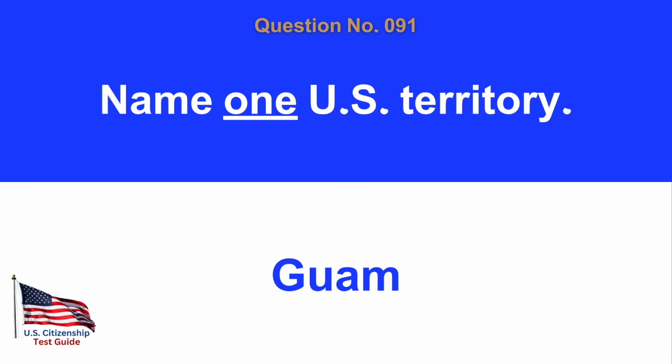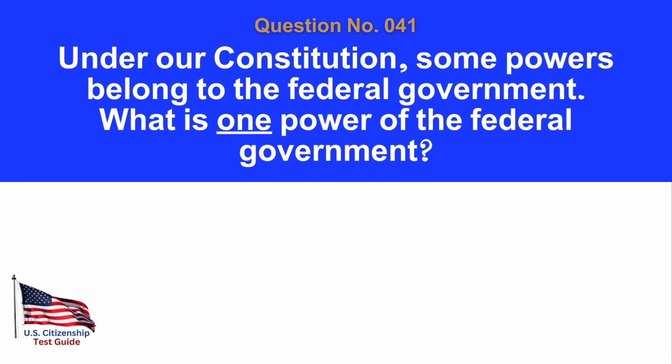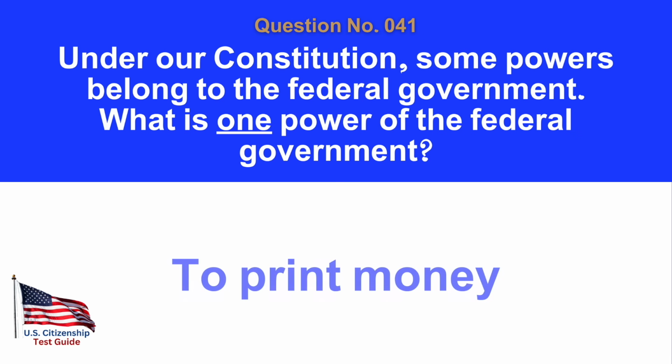Guam. Under our Constitution, some powers belong to the federal government. What is one power of the federal government? To print money.